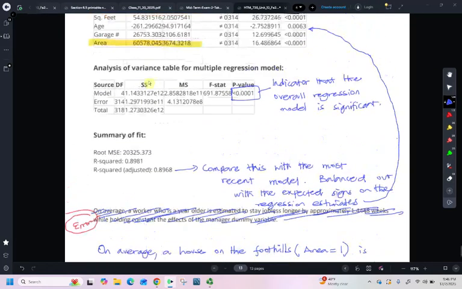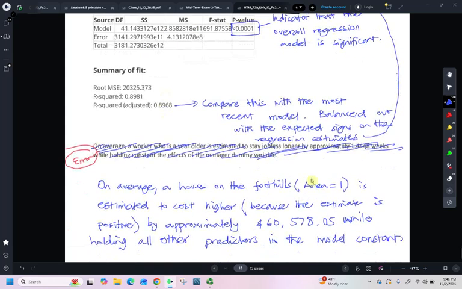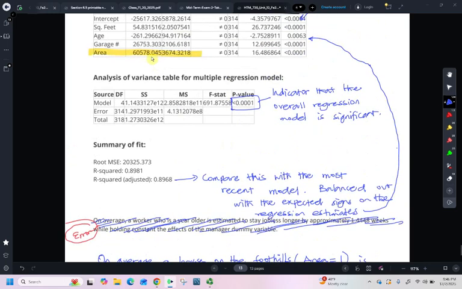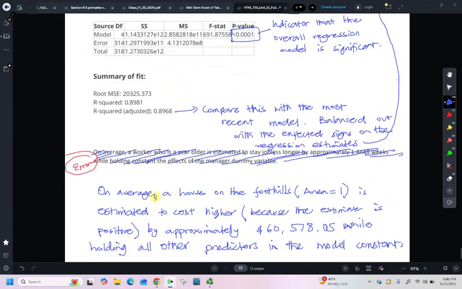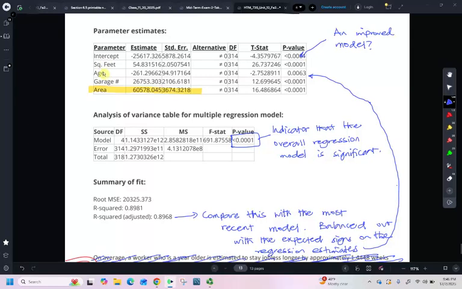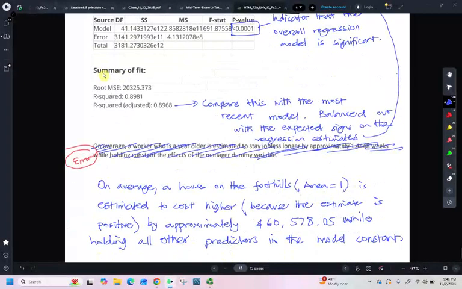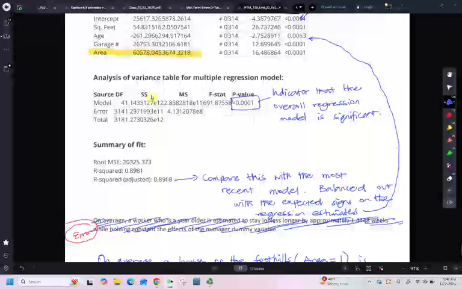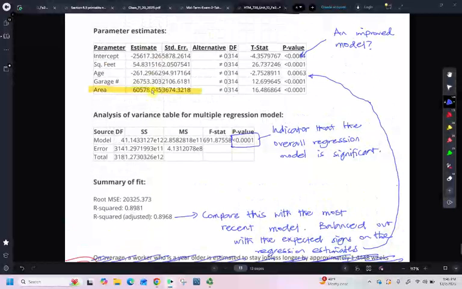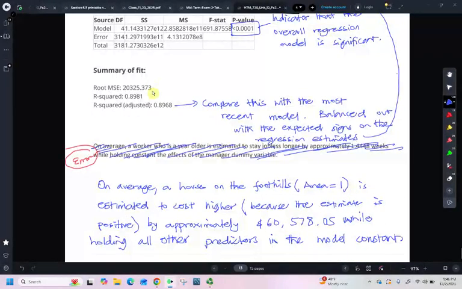That is because the estimate is a positive number, by approximately $60,578.05, which is the value we have here, while holding all other predictors included in the model constant. So this is one of the ways that we can improve on the model and not sacrifice a ton of performance metrics. At this point, we come to the conclusion of our lesson on multiple linear regression models.